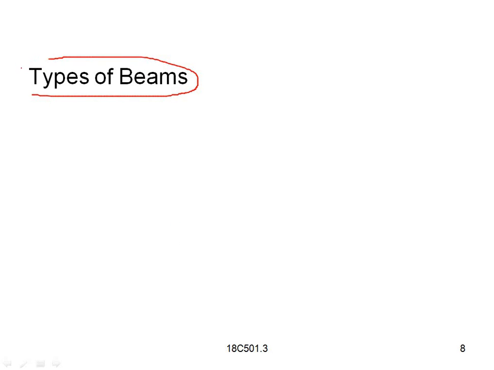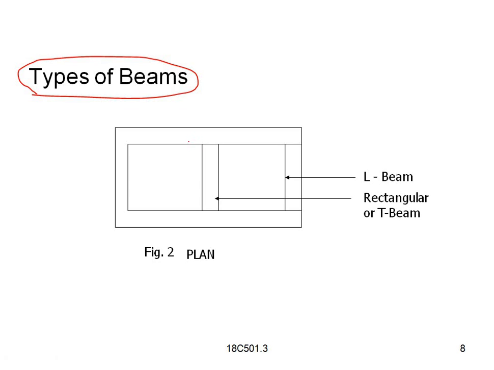Next, types of beams. What are the beams there? Let us see now. These beams are very important topics. So this is a plan. You can see this one is called L beam, whereas this one is called rectangular or T beam.